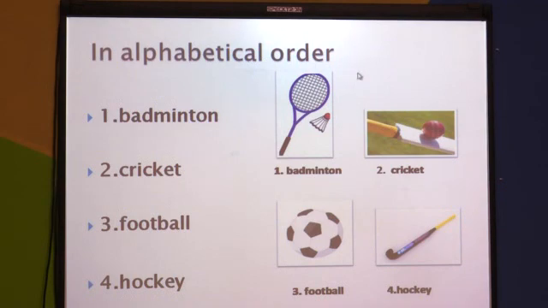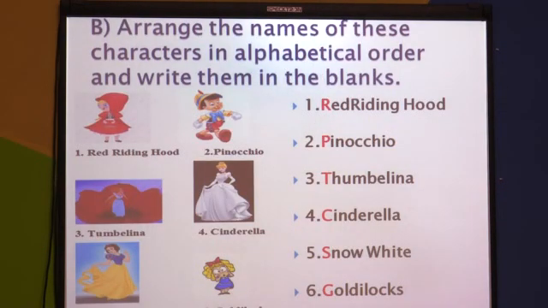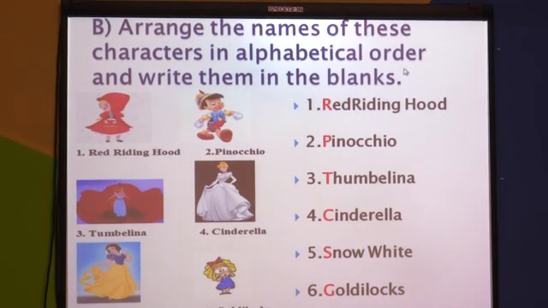Next, the second question given in your textbook. Arrange the names of these characters in alphabetical order and write them in the blanks. You have to note it down, and if you have not, you can note it down again. You know that you can mostly see these characters on the cartoon channel.